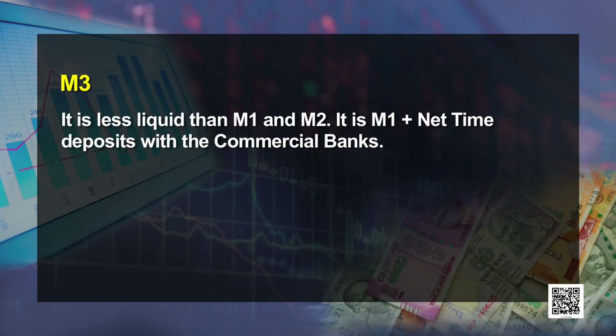Let's talk about M3. M3 is less liquid than M2 and M1. M3 is M1 plus net time deposits with the commercial banks. Now, what does this time deposits mean? As already discussed, time deposits means fixed deposits with the banks.